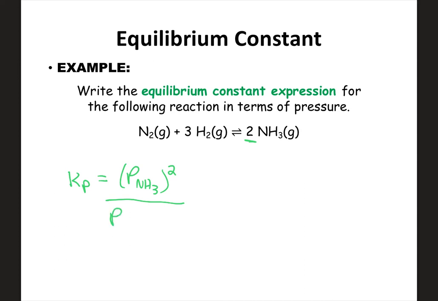So it's going to be the pressure of N2, and that's just going to be to the power of 1, times the pressure of H2, and that's going to be to the power of 3. Okay, so this would be my equilibrium constant expression for this reaction in terms of pressures. And notice I showed that by using the P in the problem instead of using the concentration brackets. And it's products over reactants. Pay attention to the balanced equation. Make sure you're only including gases and aqueous substances in your expression.